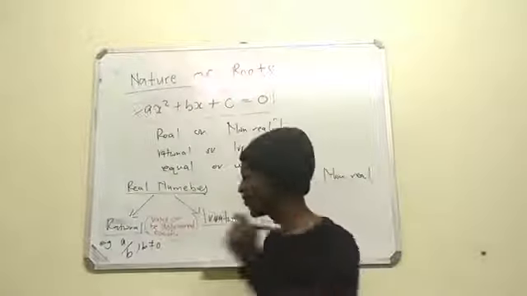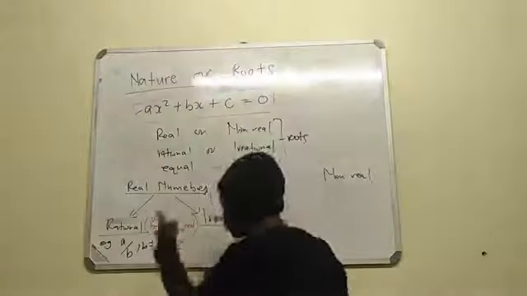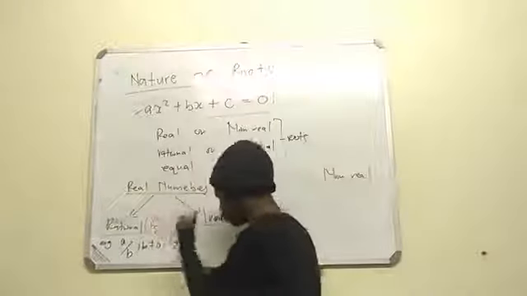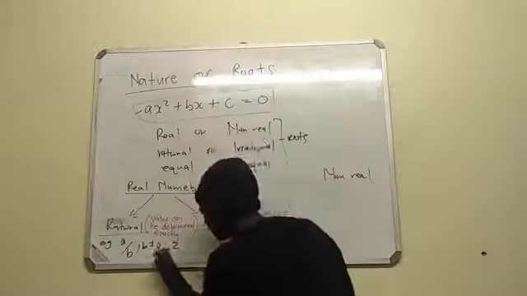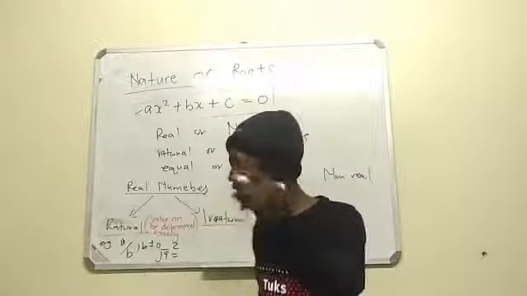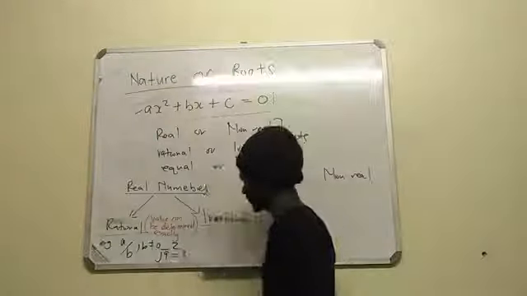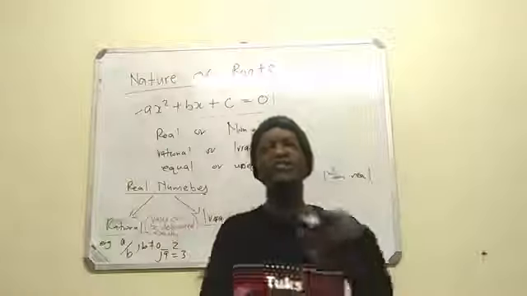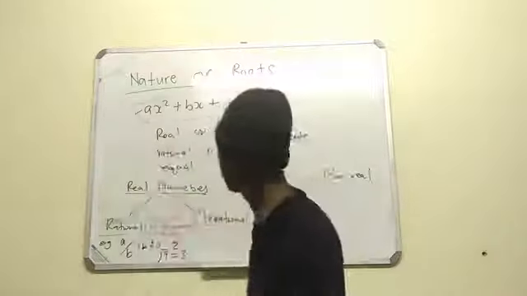We know the exact value. For example, 2 is a rational number because 2 is 2. The square root of 9 is also rational, because you can find its exact value, which is 3. The square root of 16, we also know the exact value.